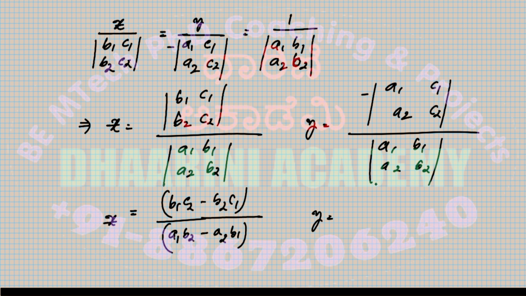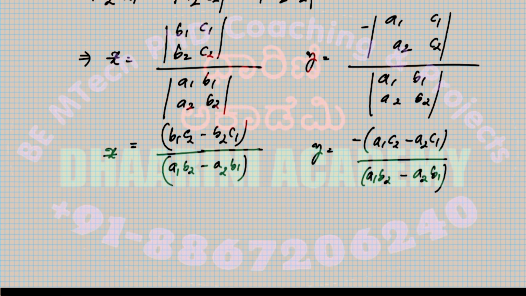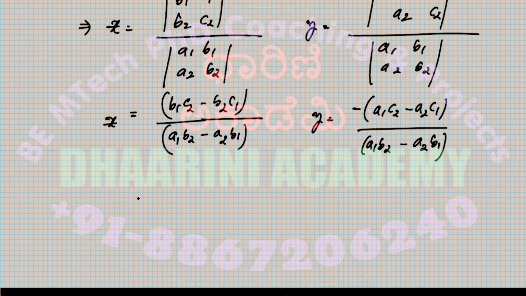Similarly, the equation for y can be calculated: minus of a1 c2 minus a2 c1 divided by the same denominator, a1 b2 minus a2 b1. These equations we can remember and apply as required to solve a system of linear equations with two variables. Let's go for an example.